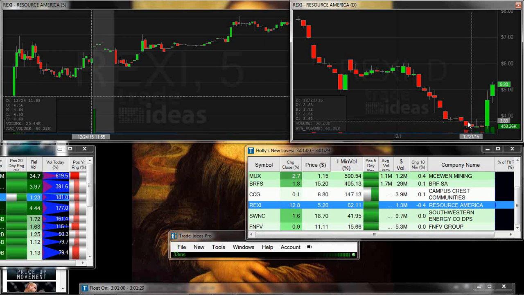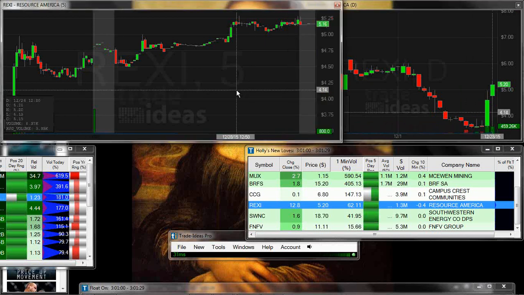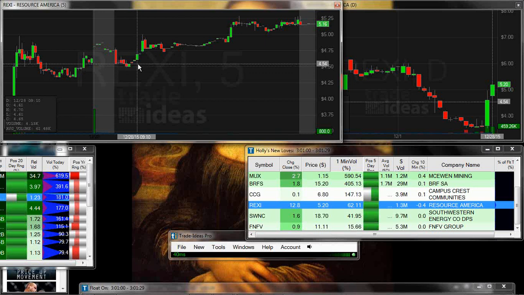So once again, the bigger money is in the swing play, getting long, using that basing pattern as your exit. But for the intraday people who don't like to hold overnight, these stocks are still very conducive.